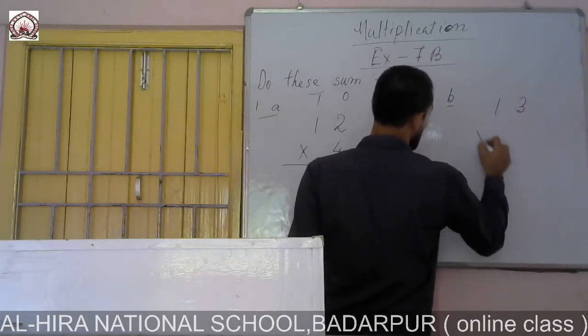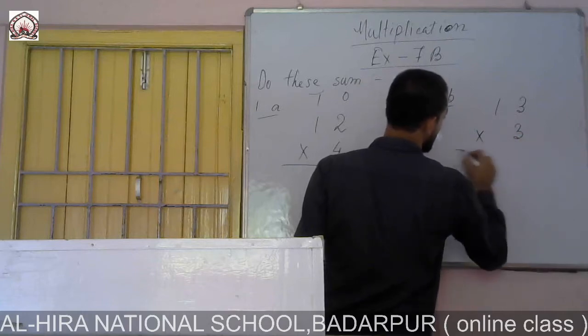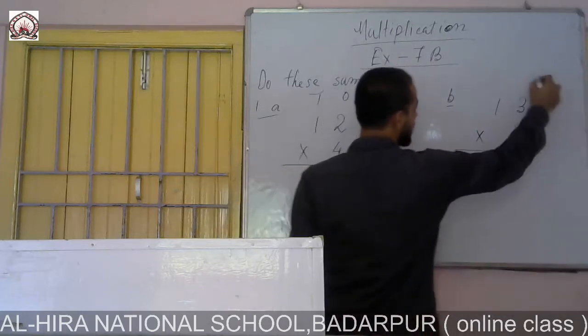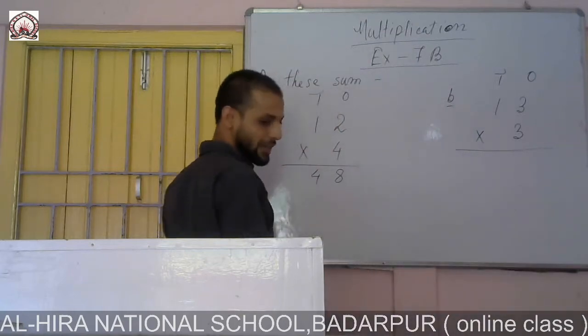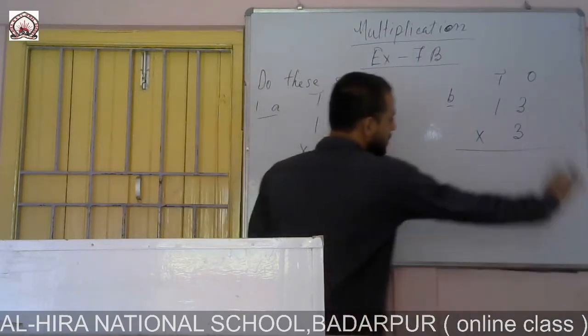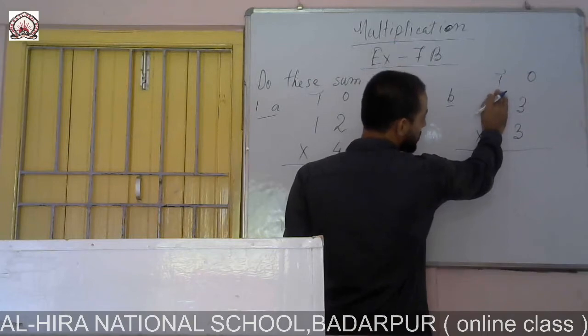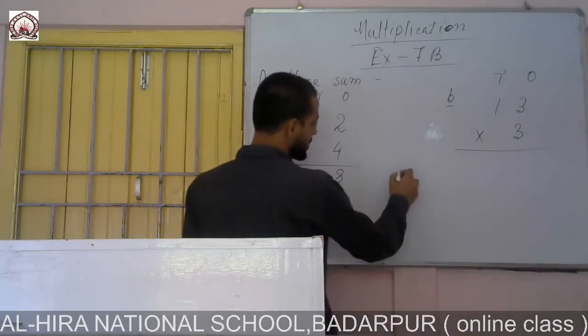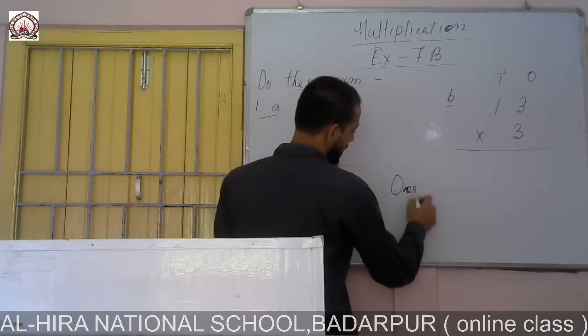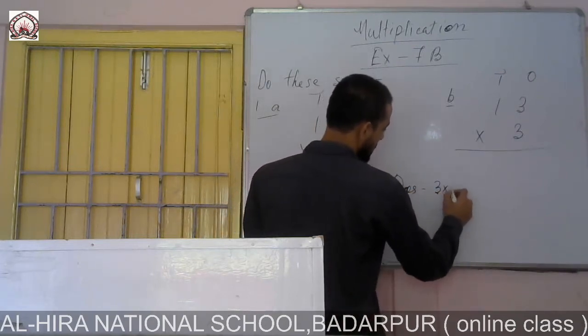13 multiplied by 3. So like earlier, this one will be ones place and this one will be tens place. So what we have to do? At first we have to multiply which place? Ones place. In the ones place, 2 digits are there, that is 3 and 3. So 3 multiplied by 3.